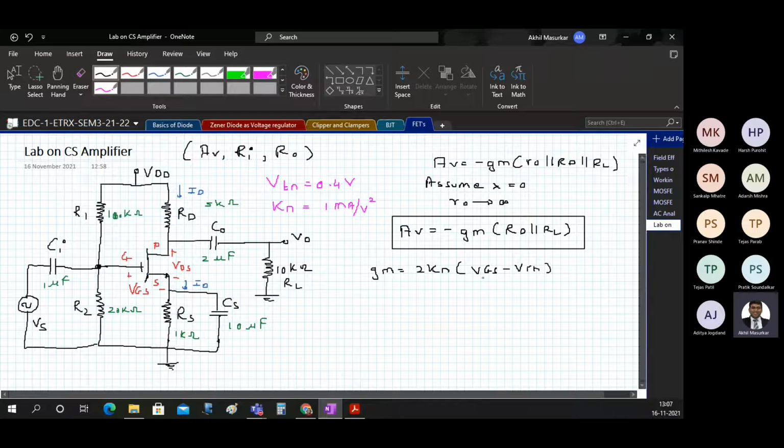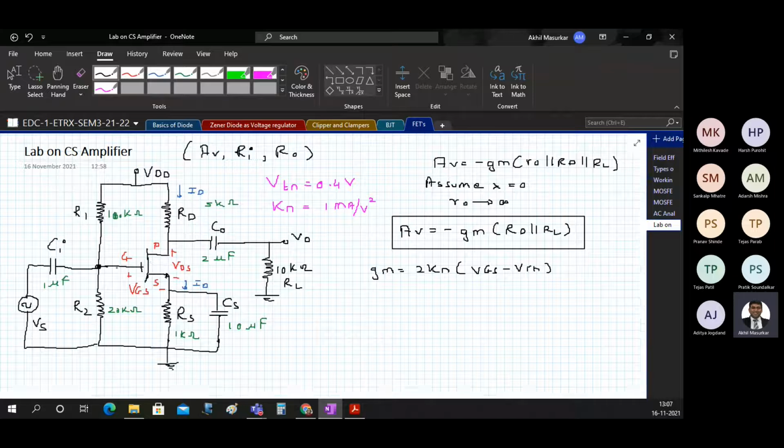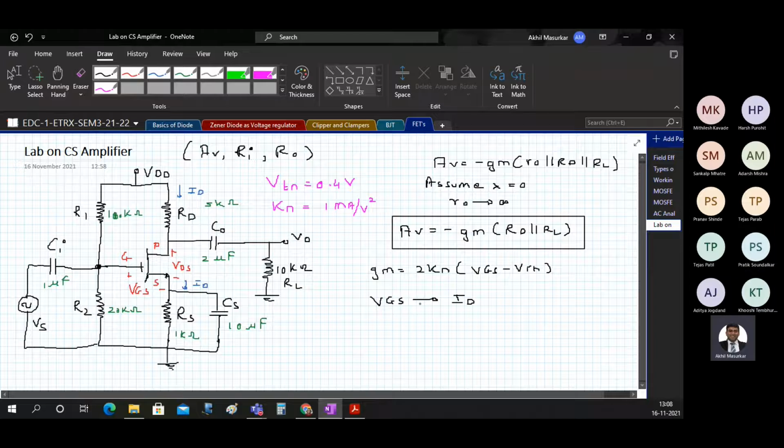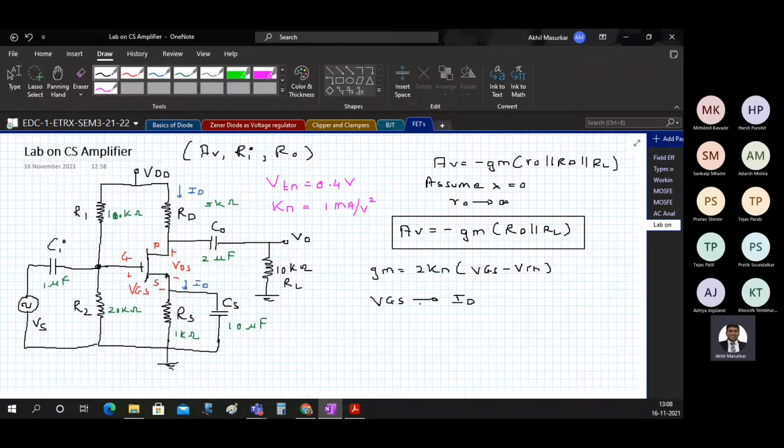So first you have to calculate the value of Vgs, and to calculate the value of Vgs you have to calculate ID. A part of this we actually saw in DC analysis. Let us see how we can use that in simulating the CS amplifier. So let's start and do this.